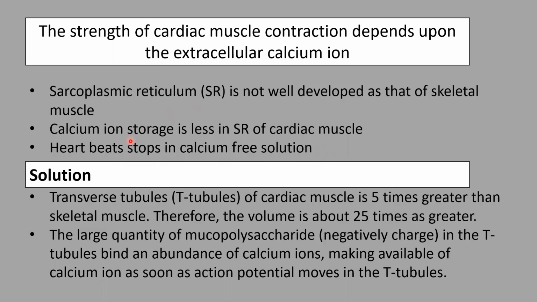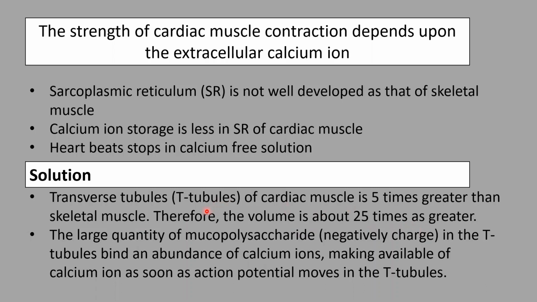So what are the solutions that allow the cardiac muscle to overcome this disadvantage? The transverse tubule, or T-tubule, of cardiac muscle is 5 times greater in diameter than in skeletal muscle. Therefore, the volume is about 25 times greater than skeletal muscle.